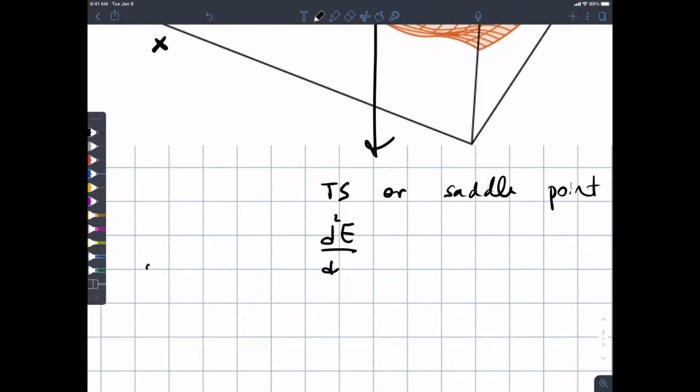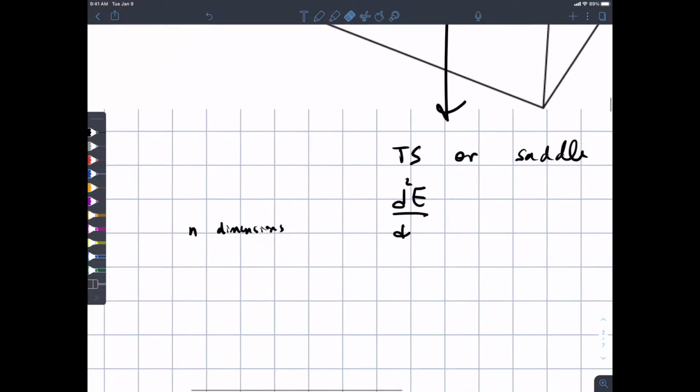Let's see, dimensions. There are n dimensions, x, y, z, etc.